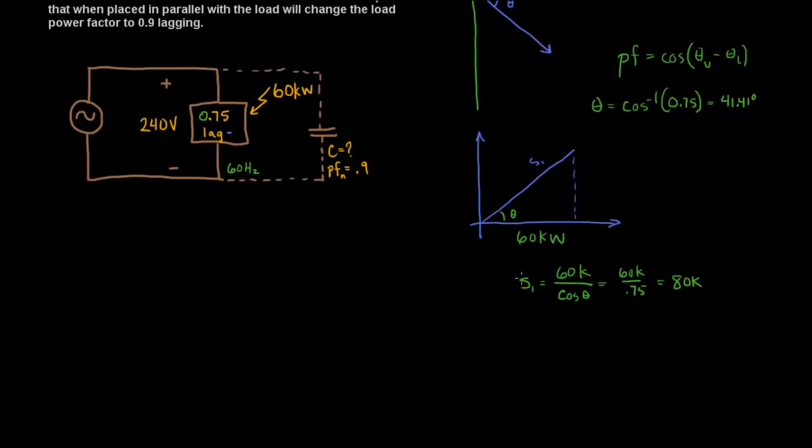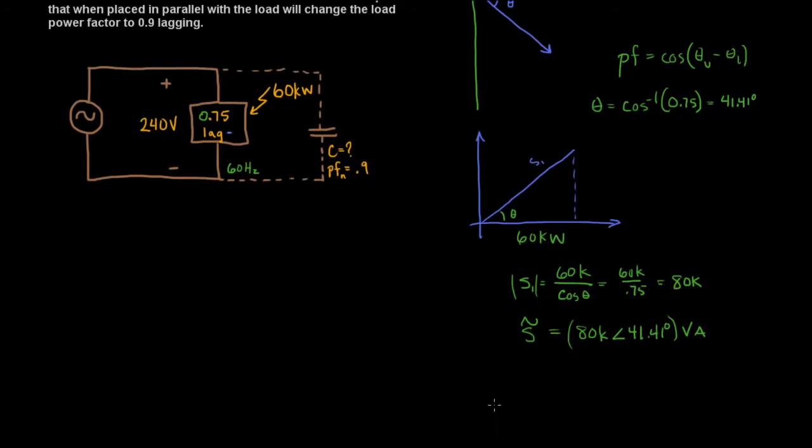Okay, and that's our magnitude. If we want to actually find the phasor, well, we already have that as well, right? That would be 80k at an angle of 41.41 degrees. And that is measured in volt amperes.